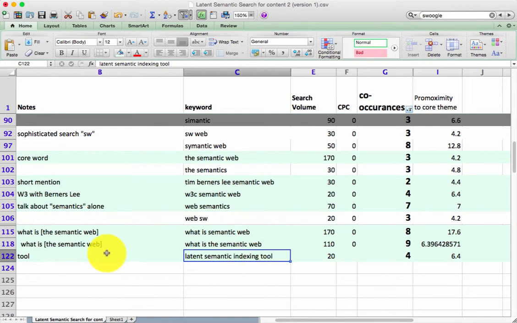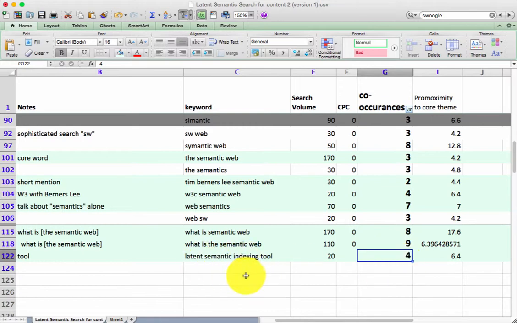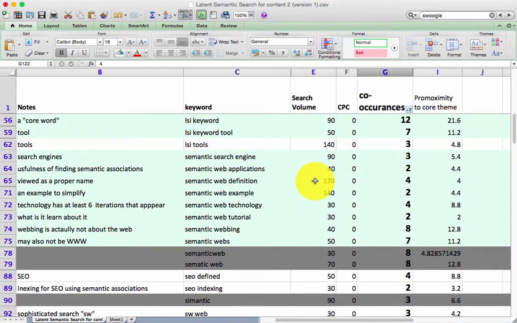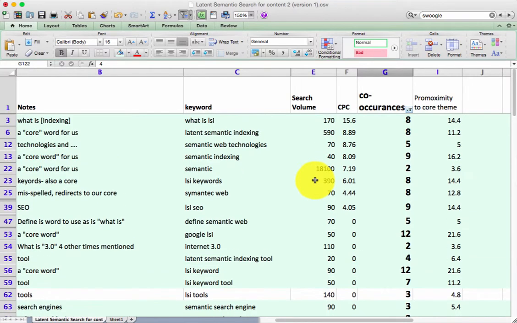We have another tool here coming 4 times. Again, really low search volume, but isn't it interesting that it's actually a very important part of talking about our core. Now, a really big question comes up, of course: how many words do we want to write, and how many web pages? I think obviously this has a lot to do with your website or your client's website.